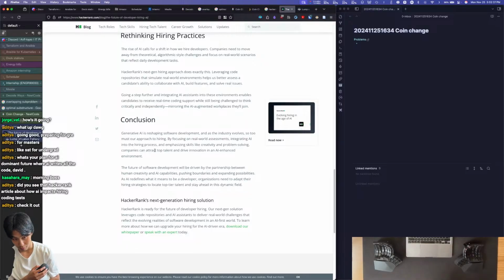Mirroring in the sense that you want to create a simulation for candidates to go through of what day-to-day life is like at the company. I can kind of get that. That would be cool if you have something like that, not gonna lie.